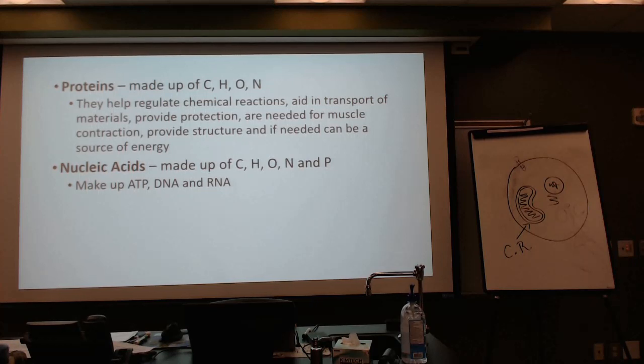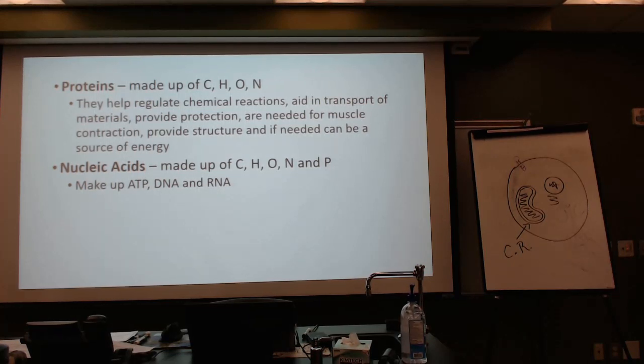So hopefully in your diets you get enough of the carbs and the lipids that you don't have to use protein as an energy source. Those proteins can get broken down and can go to the cells to make other proteins and materials.